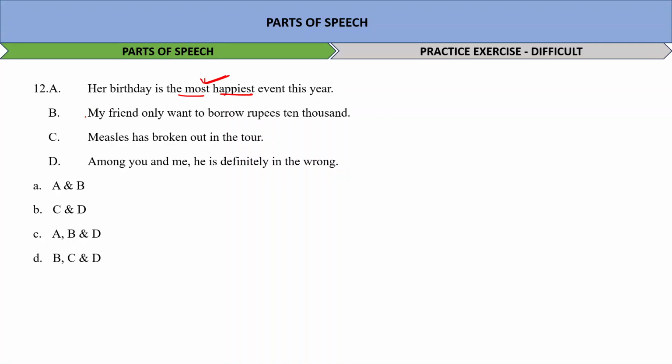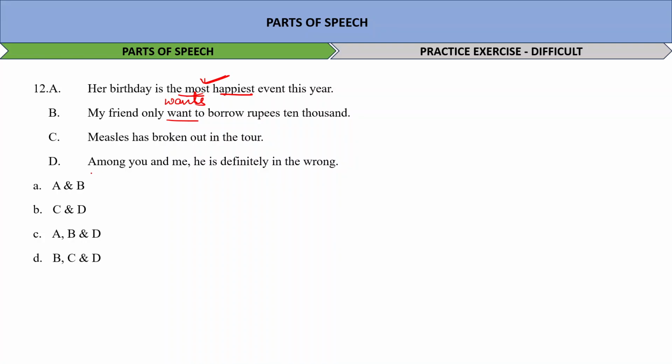Again, in option number C, my friend only wants to borrow, singular subject, friend wants to borrow 10,000 rupees, right? Rupees 10,000. You can use it vice versa. Inversions are okay here. And then when I read sentence number D, among you and me, why should there be among?